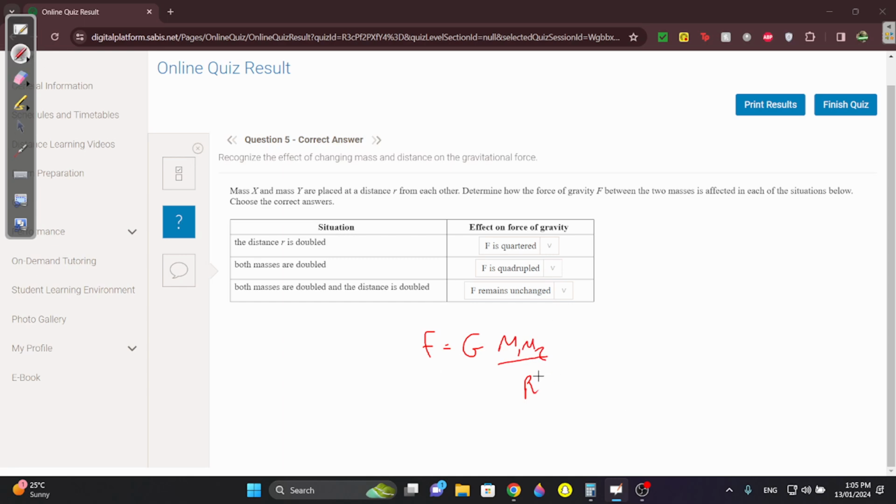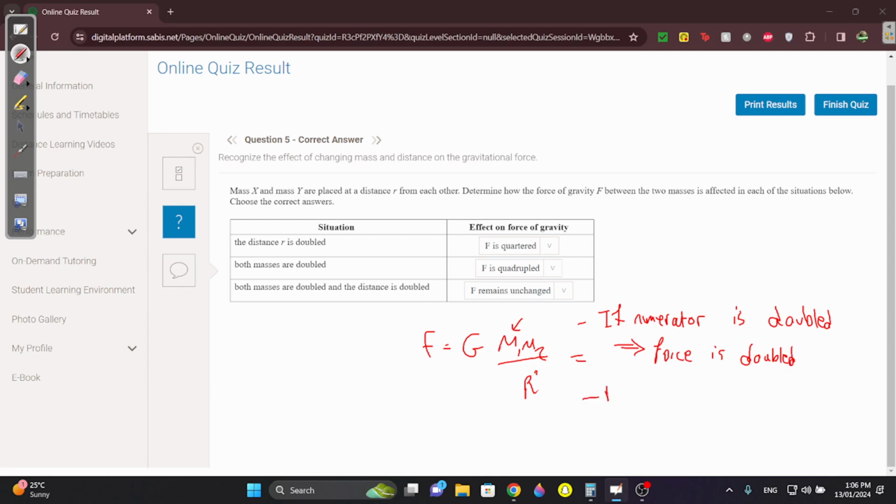r squared. You have to see, they say sometimes, what if m1 is doubled? It's simple. If the numerator is doubled, then the force is doubled. Then you're gonna ask me, what about the denominator?